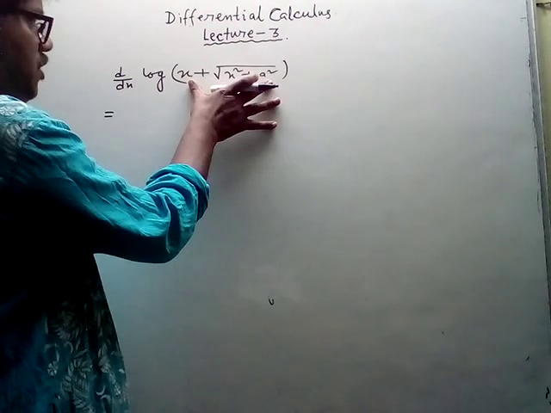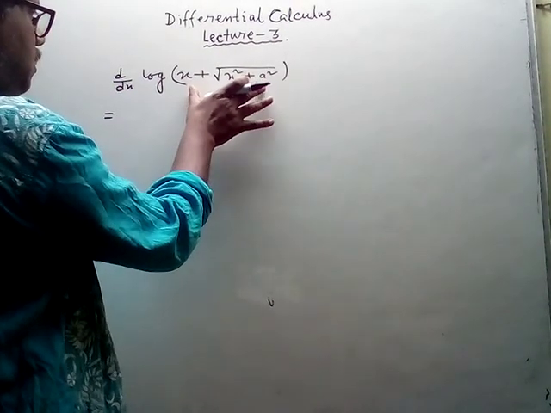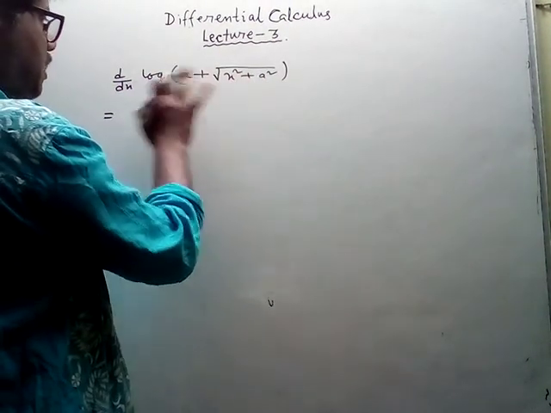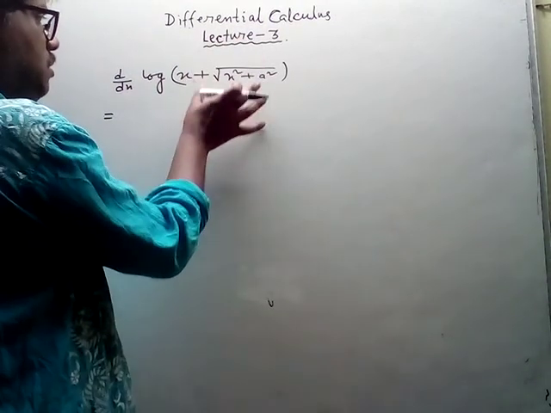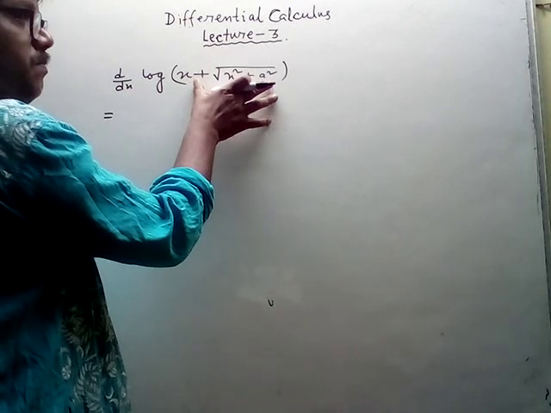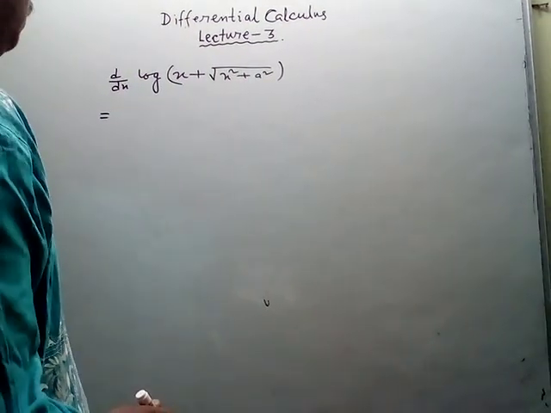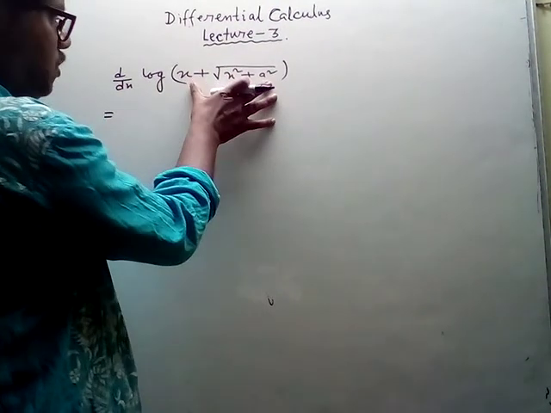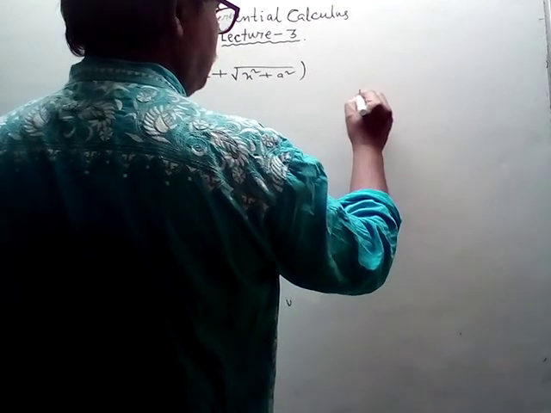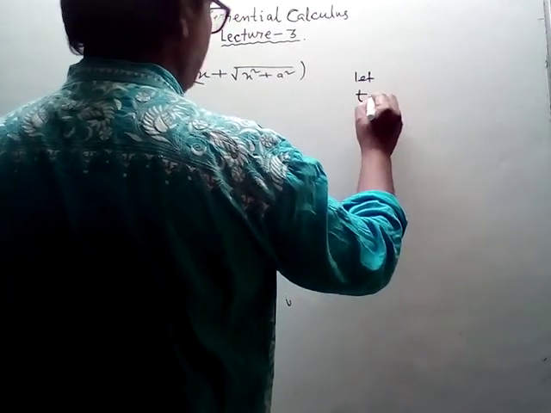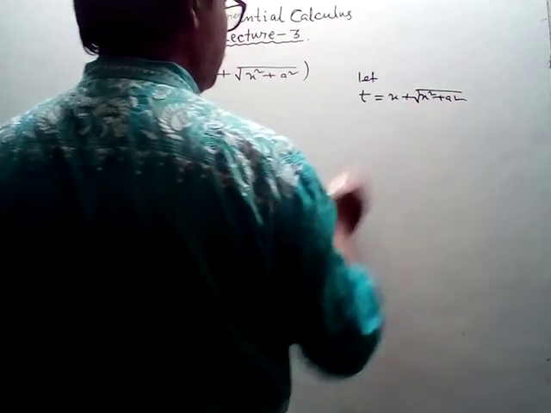If we take z, then this will be log of z, and the derivative of log z means 1 by z into the differentiation of x plus root over x square plus a square. We can also take this equal to t. Let t equal x plus root over x square plus a square.